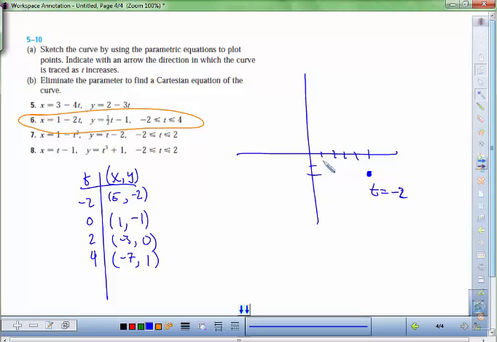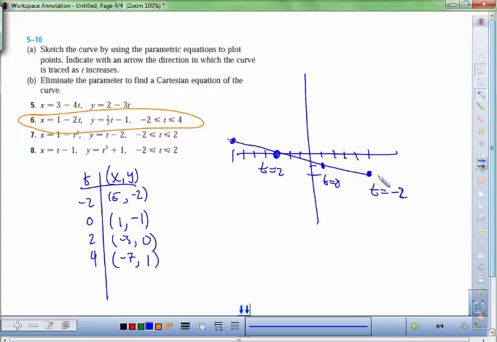Then 1, -1 when t is equal to 0, then 3, -3 comma 0, and then -7 comma 1, and we see that this draws a straight line.